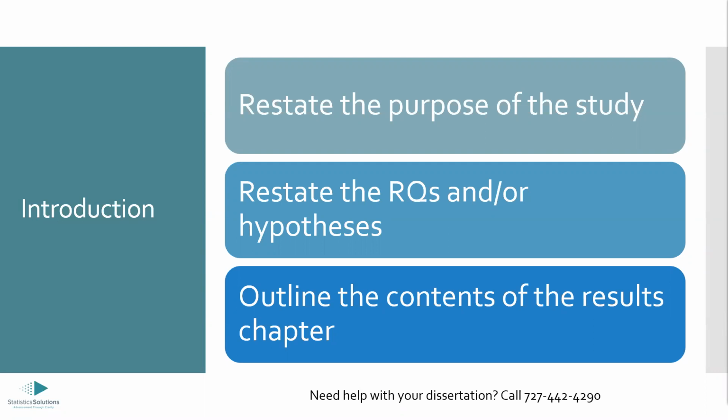So it's important throughout your dissertation document that every time you present the research questions and the hypotheses, those are stated using the exact same wording every time they are presented in the document. And then the outline of the contents can just be as simple as listing off the different section headings that will appear in the results chapter.